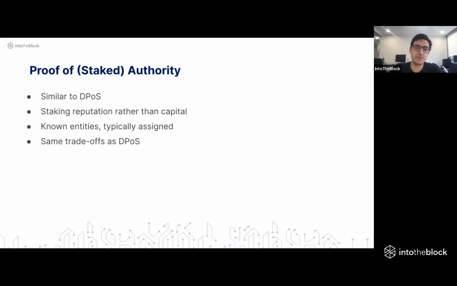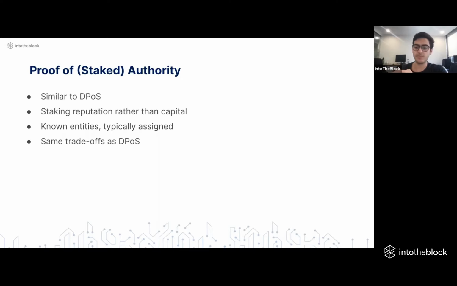Another alternative to proof of stake is known as proof of authority, sometimes called proof of staked authority. And this is deployed by BSC, Binance Smart Chain. It's quite similar to delegated proof of stake in that there are only a few entities that have to validate, in this case, their credentials. So they're staking reputation rather than capital, even though there are slashing costs for these people.